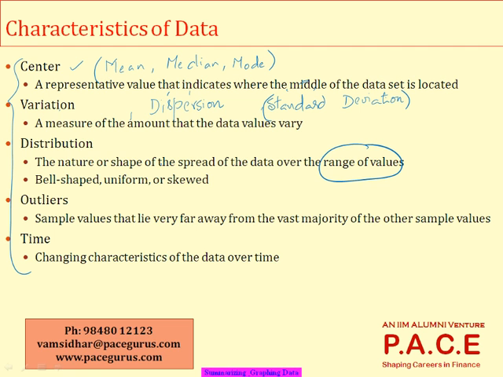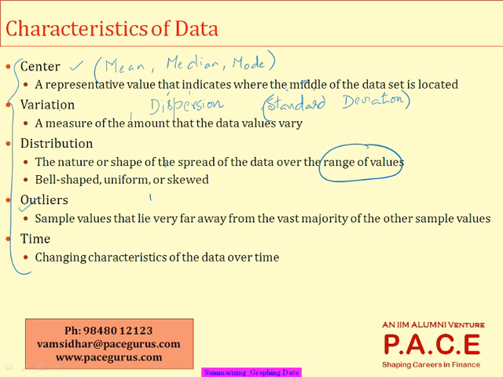And then the fourth one is to identify the outliers in the data, which says, is there any value or a set of values which are widely deviating from most of the other values?